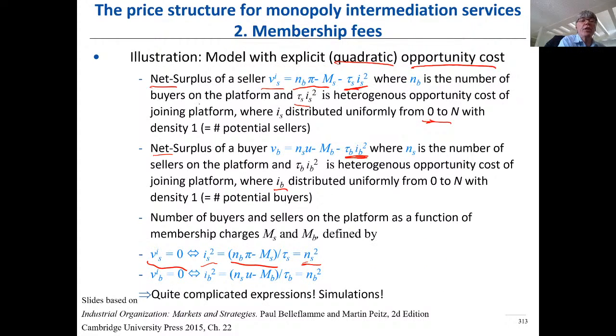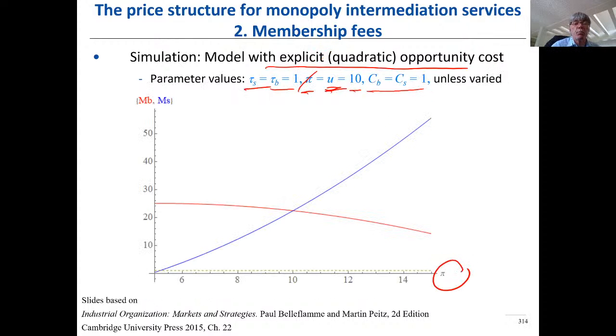Here you see the value of the seller, or the surplus of the seller, depends on this profit and of course on the number of buyers. So pi determines how much you get from each buyer, okay? How do the membership fees look? That's what is obvious: if they are identical, if they are 10, they are the same.